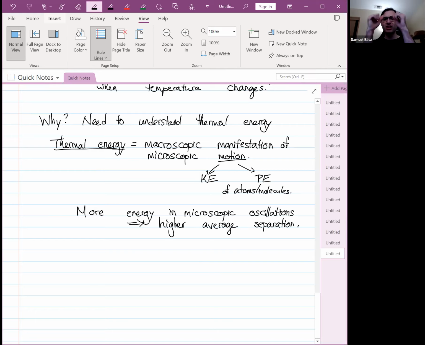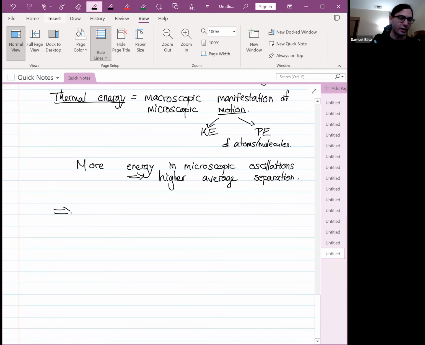So for example, let's say that you have two particles that are bound together by a spring. Like you zoom in really, really close onto a lump of metal, and you see just two atoms. And they have a bond between them, which can be roughly modeled as a spring. It's actually using the Lennard-Jones potential that you would model that. And the more energy that oscillation has between the two atoms, the higher their average separation becomes, which is to say that the system expands.